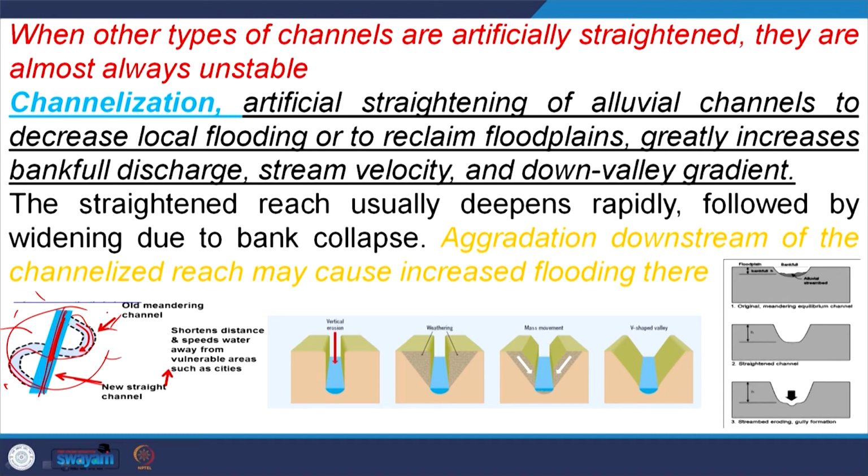But once we have straightened the system, gradually bank erosion takes place, so more and more sediment is produced and transported through the straight channel. Once the straightness ends, the sediment will be deposited there. So, in the downstream the sediment will be overloaded and finally the flood problem will be there again.